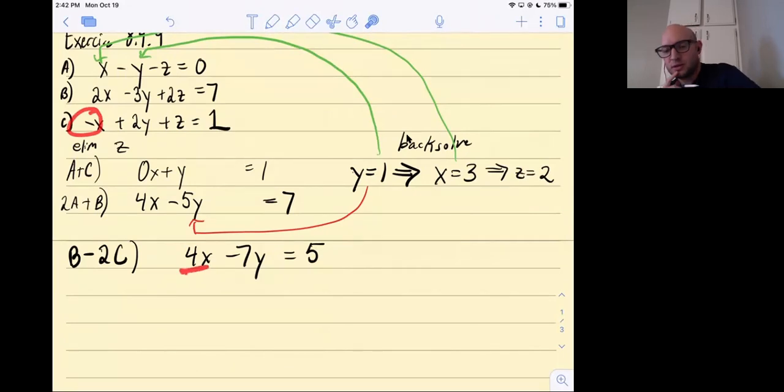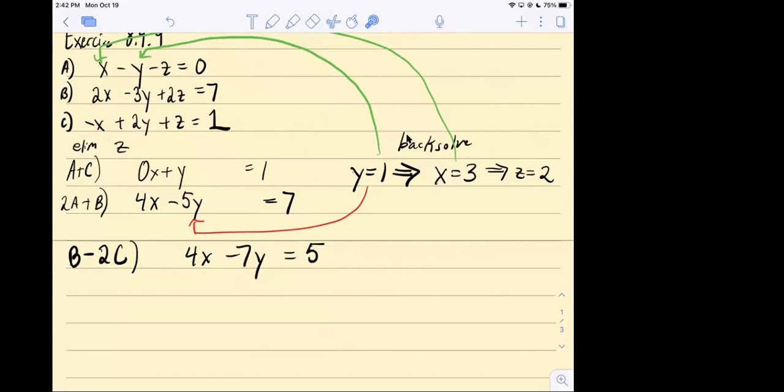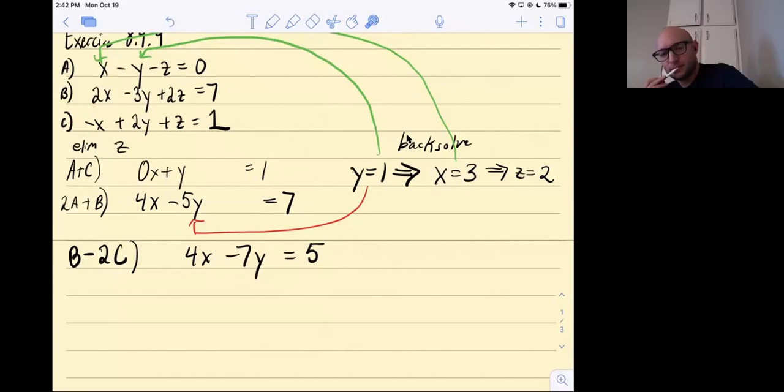So that comes out to 4x. Everything else looks right, but that one coefficient, if it's wrong, would mess everything up. Because if you want to eliminate the z, we have to multiply by negative 2, because we want a negative 2 here. So when I multiply the whole thing by negative 2, this becomes a plus 2.